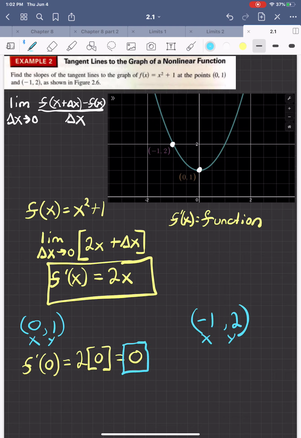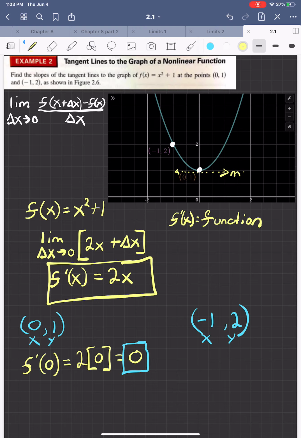So what did we just do? What did this tell us? It's telling us that the slope at the point (0, 1) is 0. Now that is kind of what we were thinking, agreed? At this particular point, if you were to draw a tangent line, that's a horizontal line.